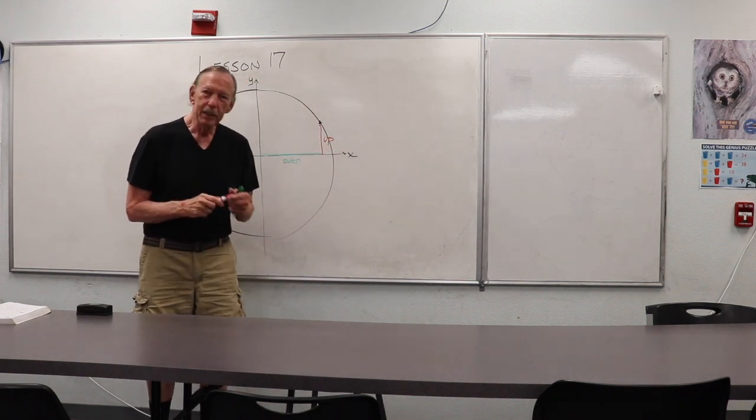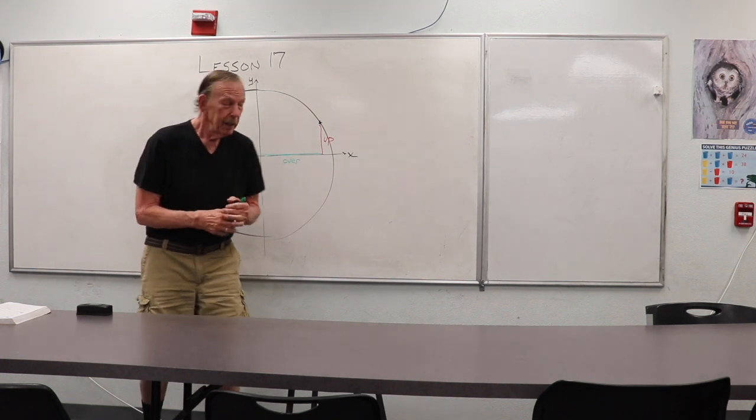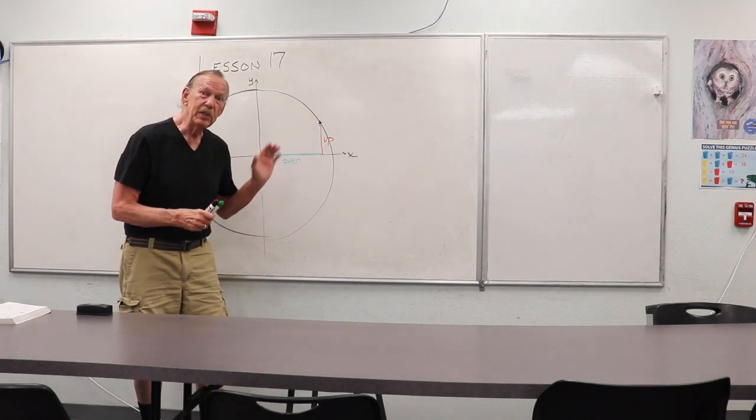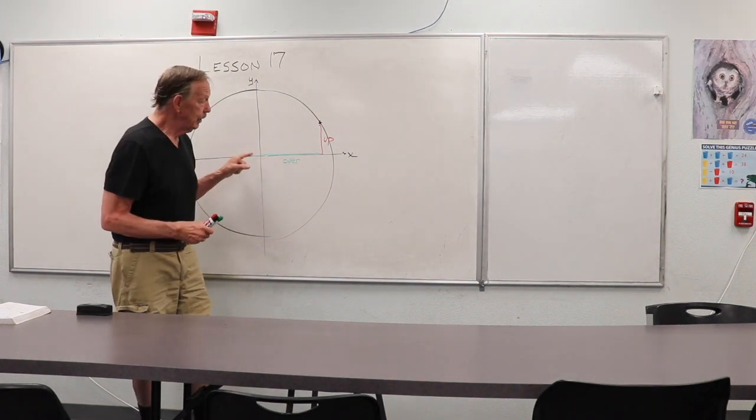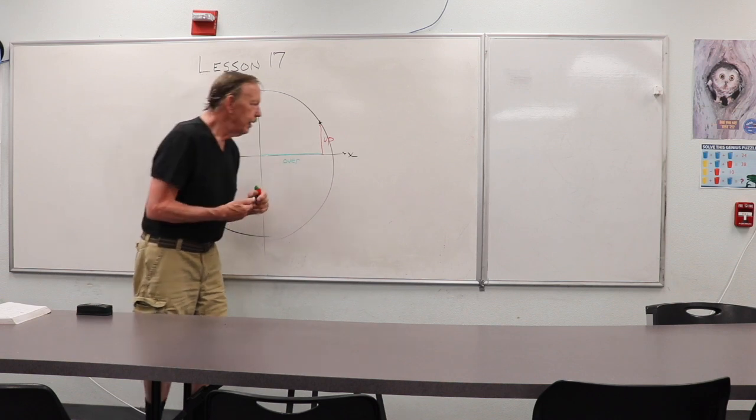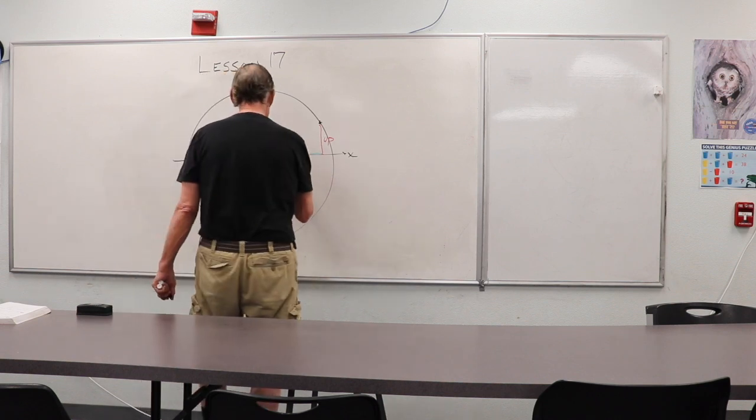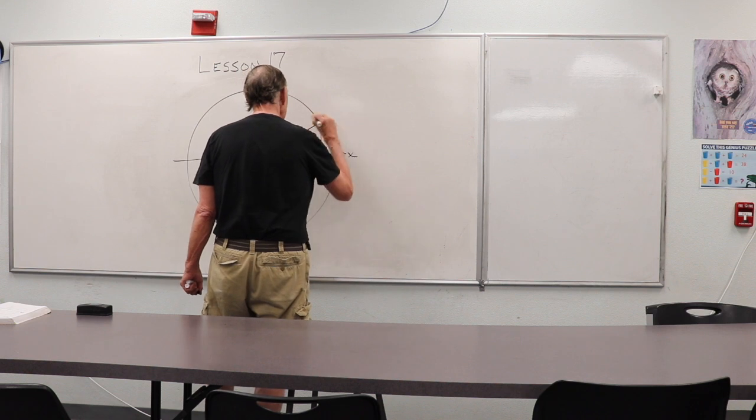Now the key here is to recognize that this point is tethered to the center of the circle. It will always be a radius away from the center.